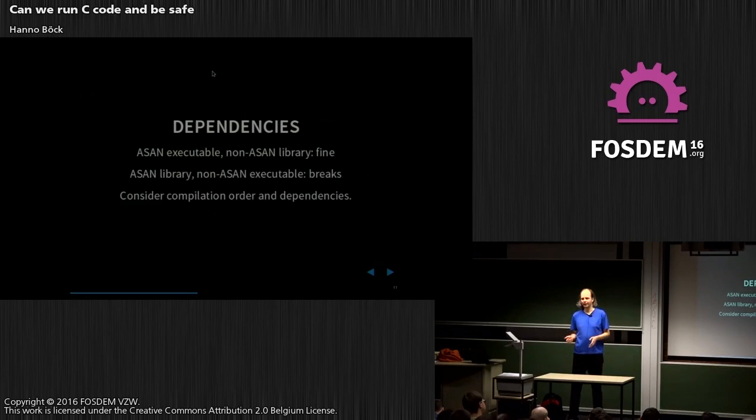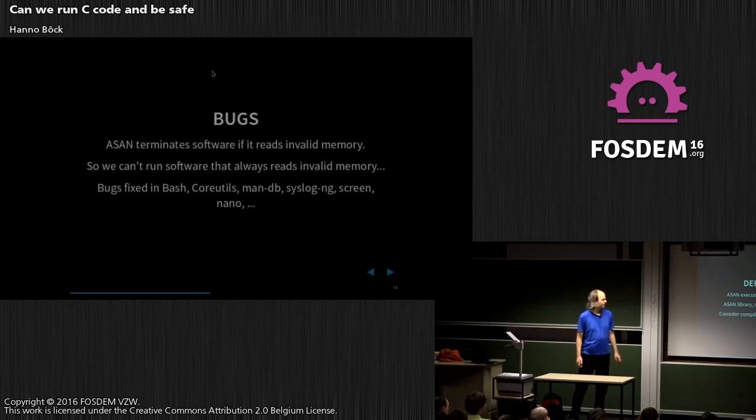So if you start compiling OpenSSL with address sanitizer, then immediately all the tools that are linked against OpenSSL won't work anymore. So for one, this means we have excluded GCC. That means we also have to exclude all the dependencies of GCC. And it also means if you want to recompile everything, we have to consider in which order we do this, so things don't break and we're still able to use the system.